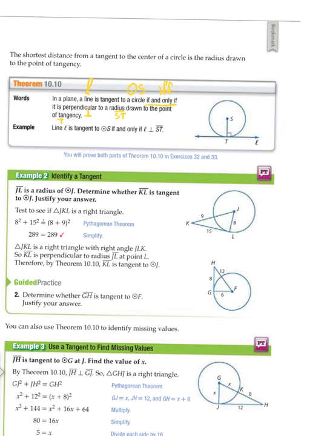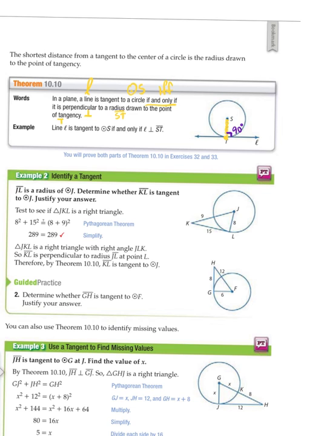So I have radius ST drawn to the point of tangency; if that particular drawing yields a 90-degree angle there, then I know that L is a tangent for sure.